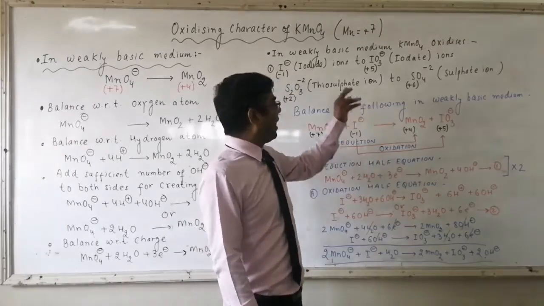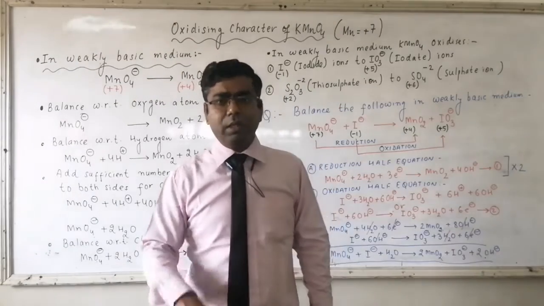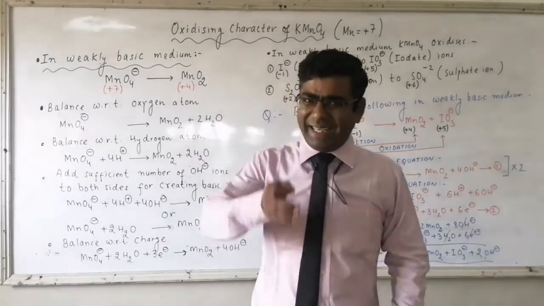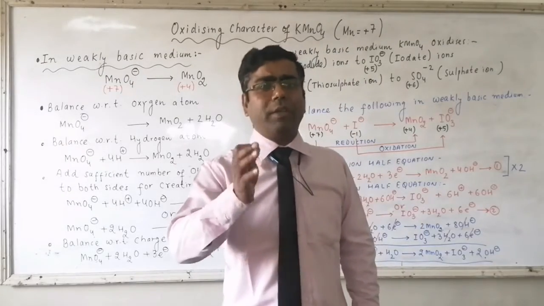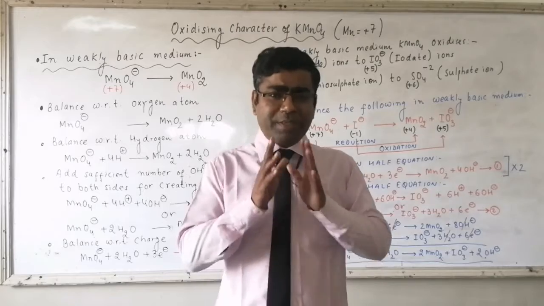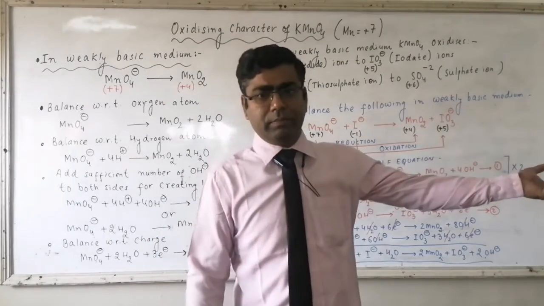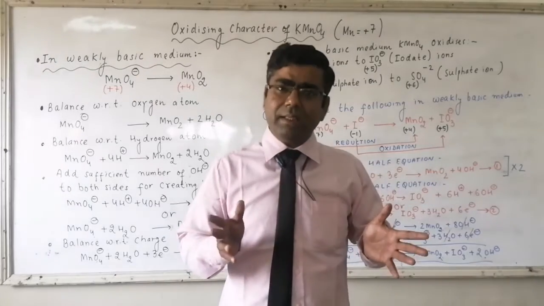So when I minus gets converted to IO3 minus, it is called oxidation of iodine and it takes place in the presence of oxidizing agent KMnO4. Oxidizing agents, substances which are responsible for oxidation of others, are called oxidizing agents.